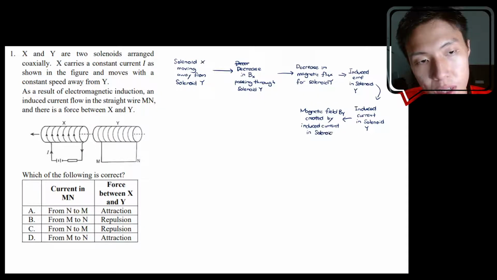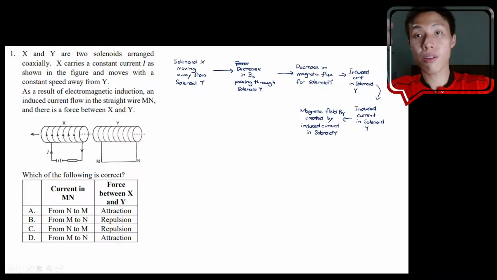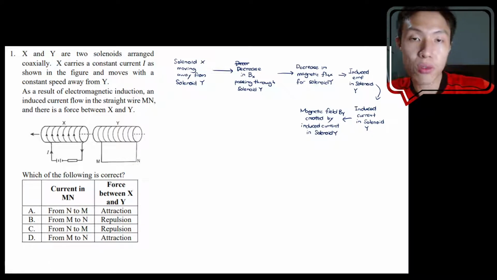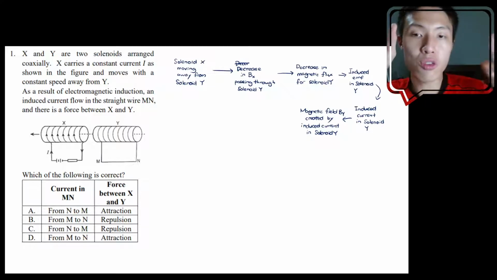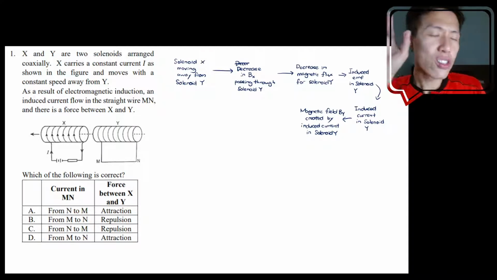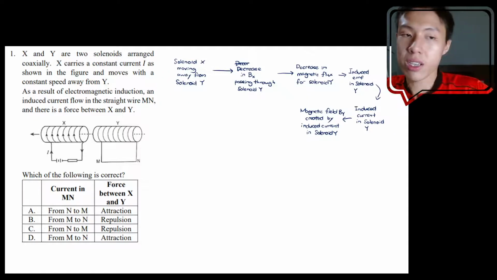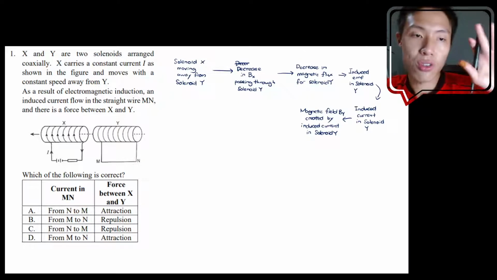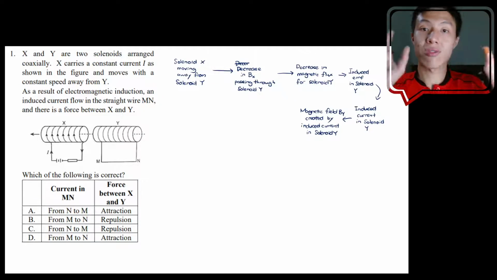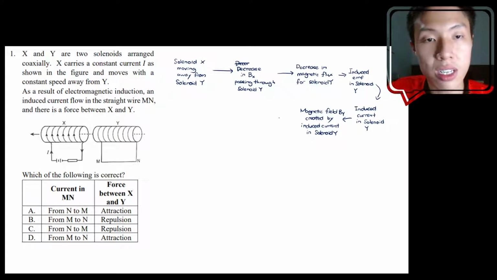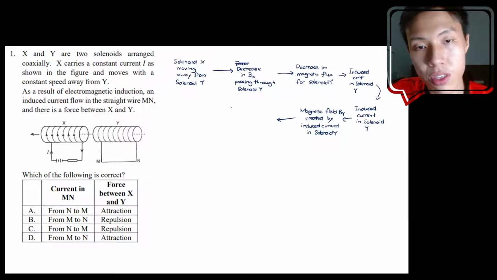These two magnetic fields will interact. Solenoid X will interact with the magnetic field produced by solenoid Y. Solenoid Y will interact with the magnetic field created by solenoid X, and as a result, both of them will experience a magnetic force.